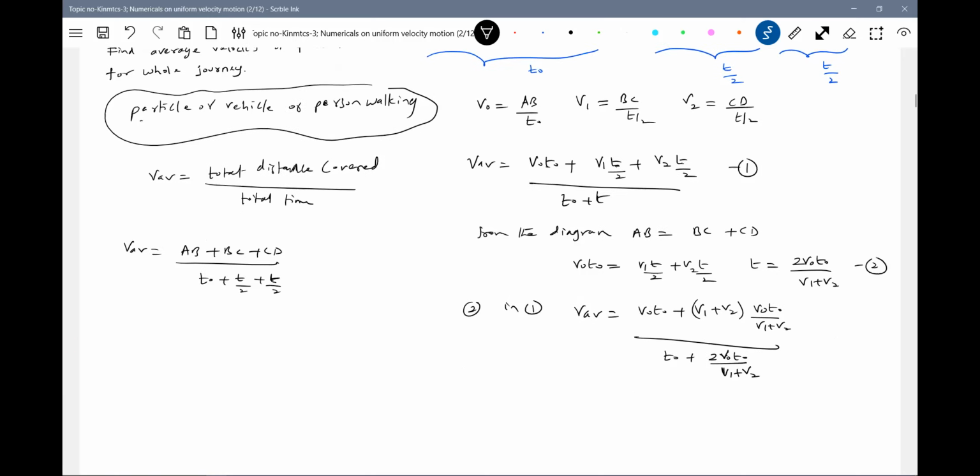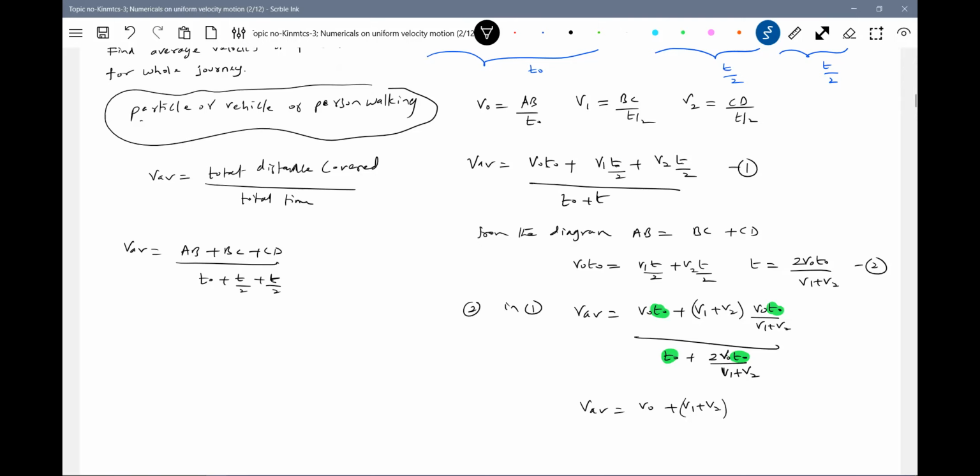T naught in the numerator and denominator, taking common, will get eliminated. I'll just highlight it so that it'll be easy for you. So this will get eliminated. So finally, what is V average?